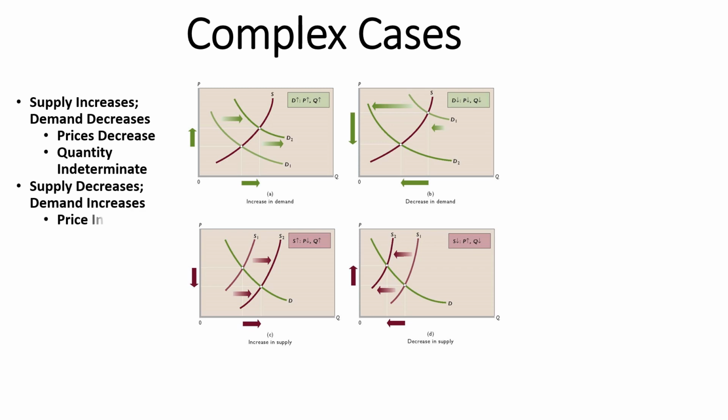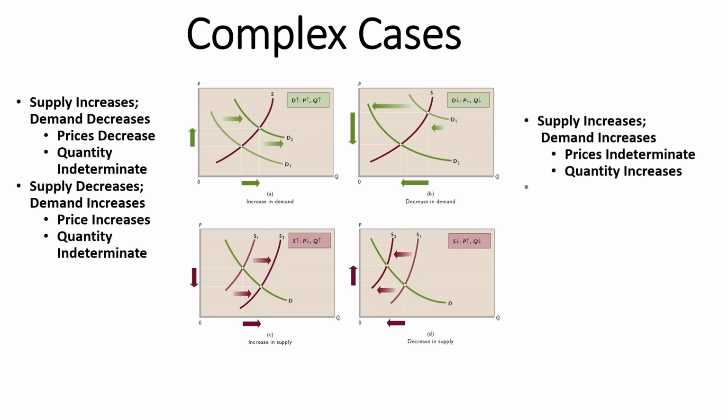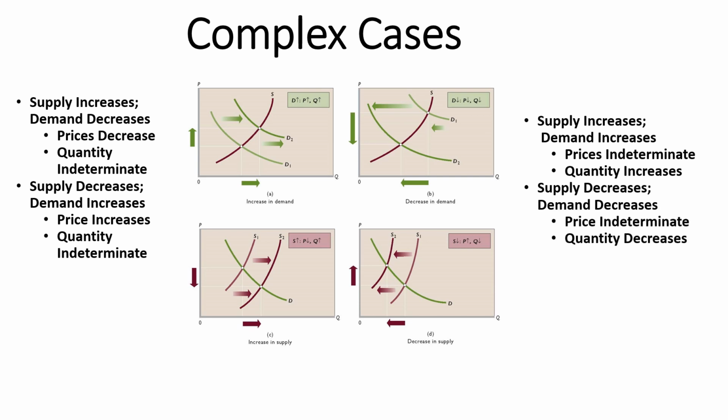What happens if we're analyzing a market scenario and there is one event affecting demand and simultaneously another event affects supply? Well, look on the board here and you see a word that we haven't discussed yet. It begins with an I and ends in ate, indeterminate.